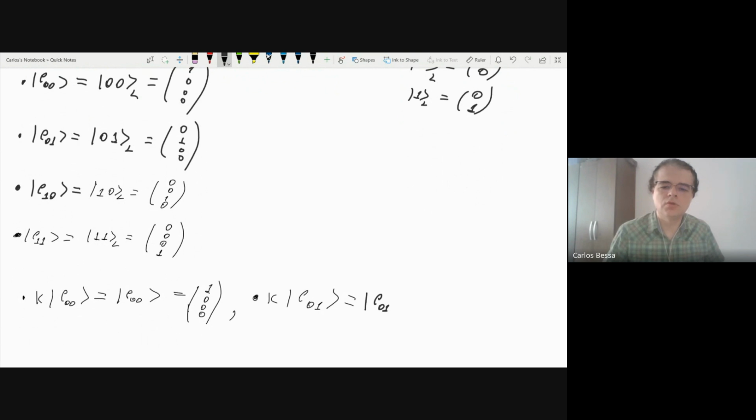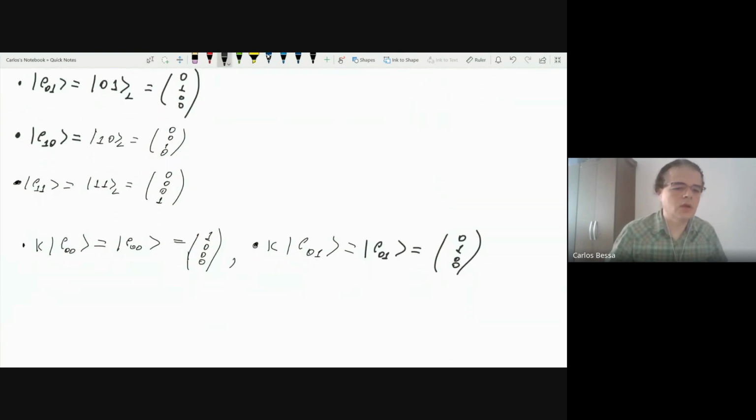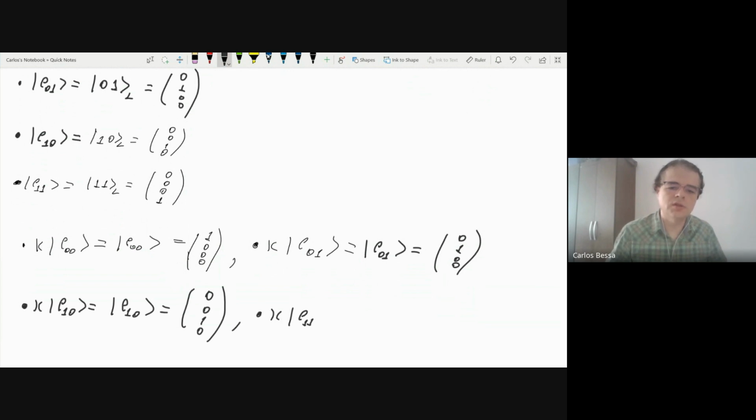E 0, 1, which is this. K applied to 1, 0 doesn't change, is 1, 0, which is this. And K applied to 1, 1.